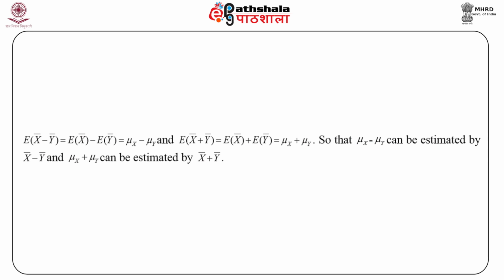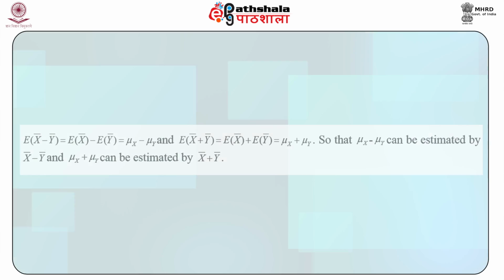Similarly, expected value of x bar plus y bar is equal to expected value of x bar plus expected value of y bar and can be written to be equal to mu x plus mu y. So mu x minus mu y can be estimated by x bar minus y bar and mu x plus mu y can be estimated by x bar plus y bar.